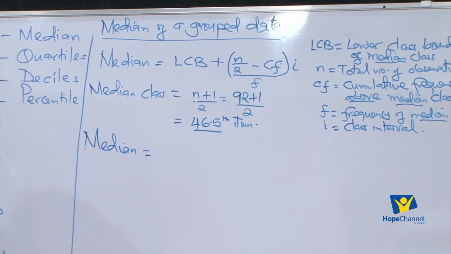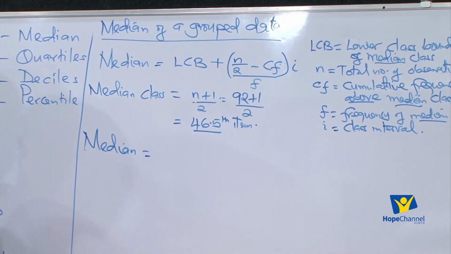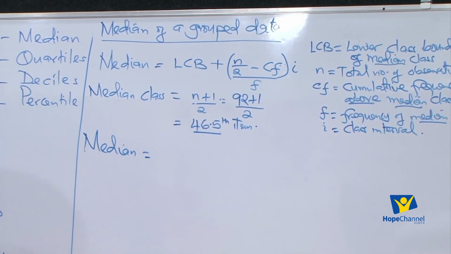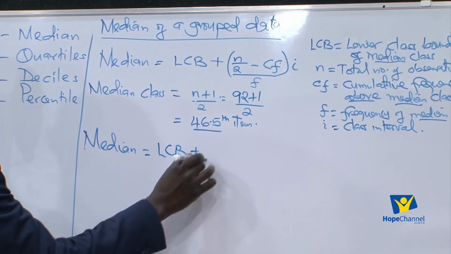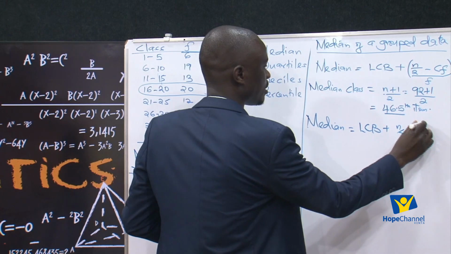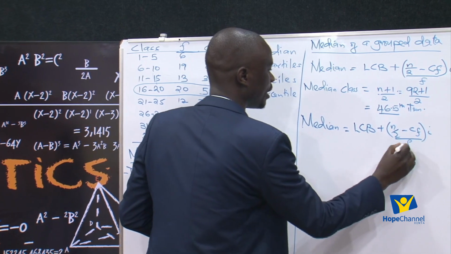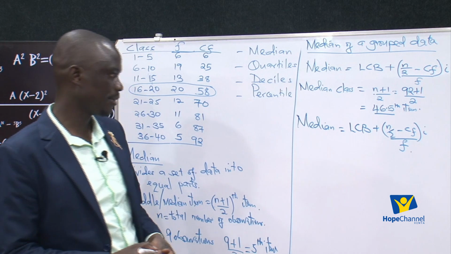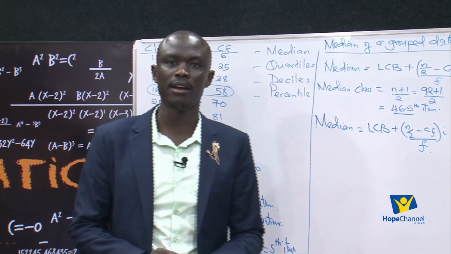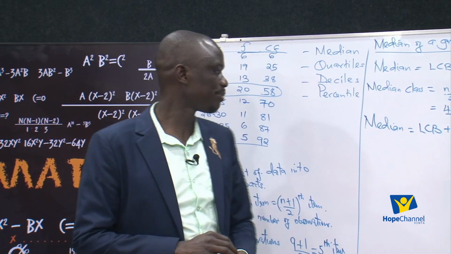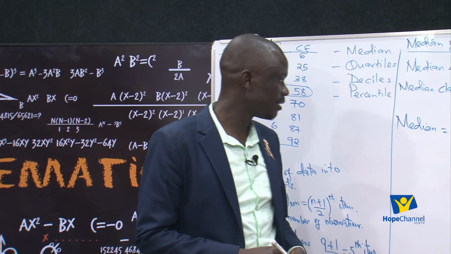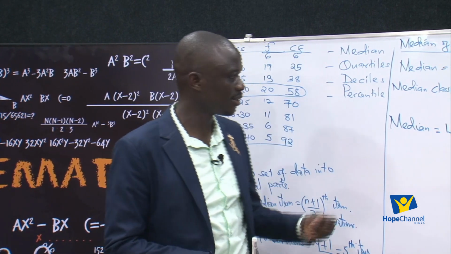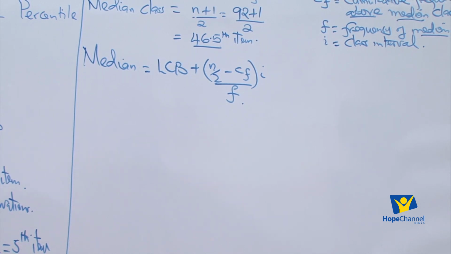As a good student, you are always supposed to rewrite the formula every time you are working. As you continue rewriting the formula, you get used to it. So the formula is the lower class boundary plus n all over 2 minus cf, into i, everything divided by f. So we are taking a very short break, then we come back and work out this problem. As we break, somebody who has understood the concept can move ahead and find the answer.